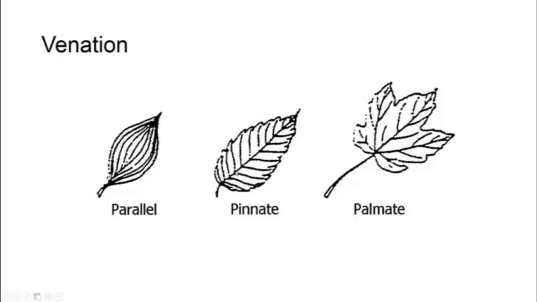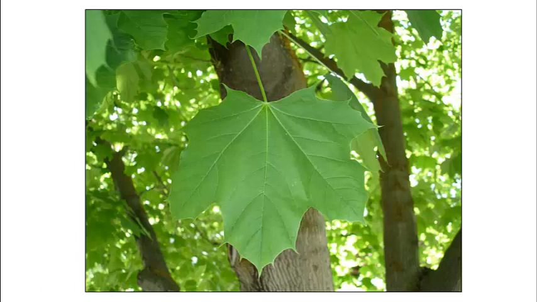Remember that pinnate is just simply an arrangement, so the veins can be arranged pinnately as can leaflets on a leaf. And then palmate here, where we have these major veins radiating out through each lobe from a common location. So here's a real life maple leaf here, picture of it, showing those major veins all connecting here at this location where the petiole and the blade meet.